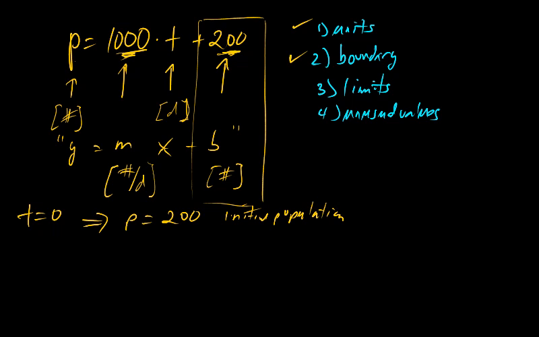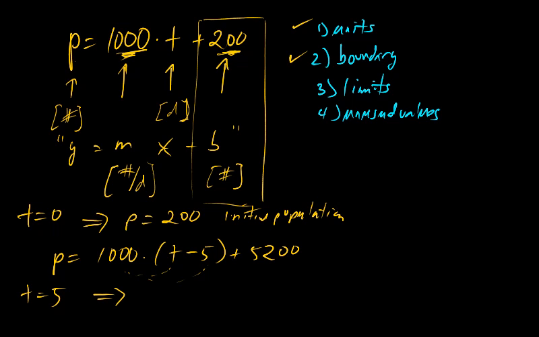You could have an equation that looks like this: p equals, say, 1,000 times (t minus 5) plus 5,200. These are in fact equivalent equations. You can see that if you just multiplied out the 1,000 times the t and the 1,000 times the -5, you'll get the same equation. Here the boundary really is time t equals 5, and at that time the population is 5,200.